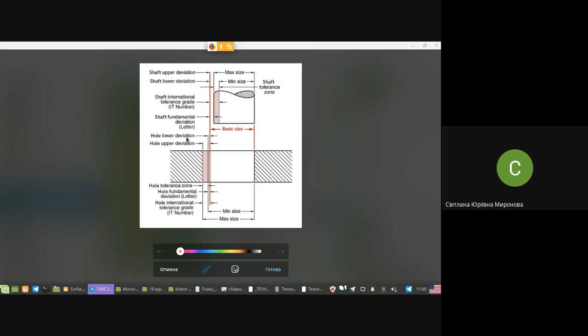For instance, if the hole has the greatest size, we have the greatest hole, and the shaft has the minimum size. So what clearance is possible if we have these fields of tolerances? Clearance is this gap between parts, like this.